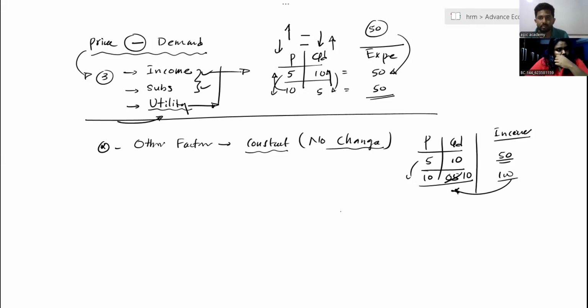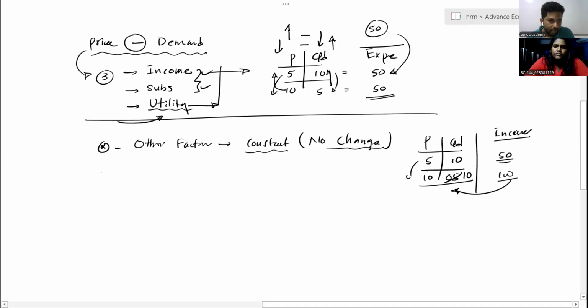It also can change. Yes, the price is not going to change, but the choice of the consumer changes. Just consider the choice of the consumer reduces. Then without a price change, your quantity demanded can reduce. Yes, that is why we assume other factors are remaining constant.